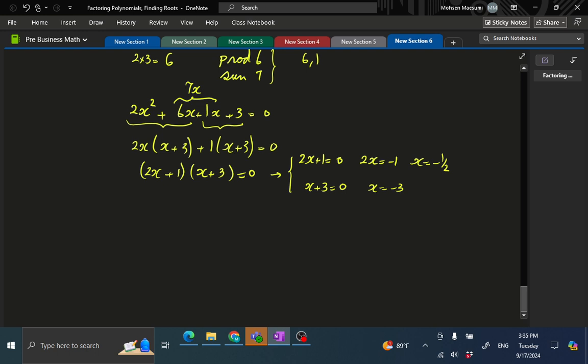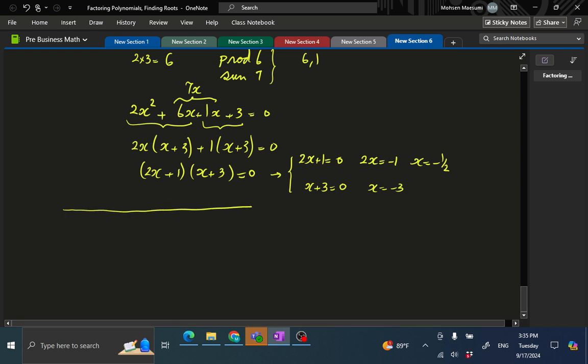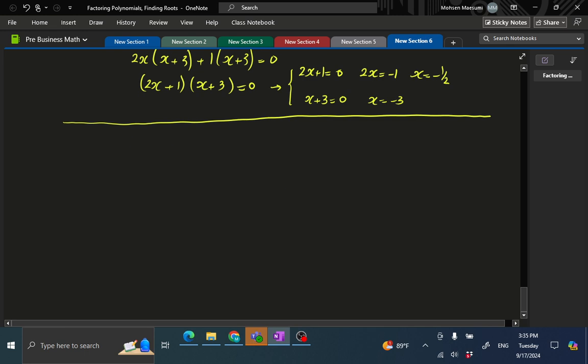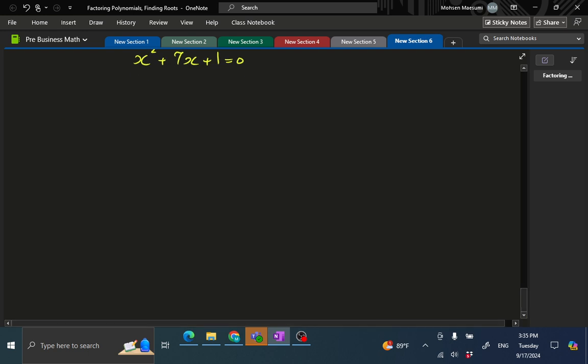Sometimes, however, our problems are not as easy as the ones that we just did. Sometimes we come across something that does not factor easily. What are we going to do then? Suppose I tell you x squared plus, say, 7x plus 1 is equal to 0, and ask you what the roots are.